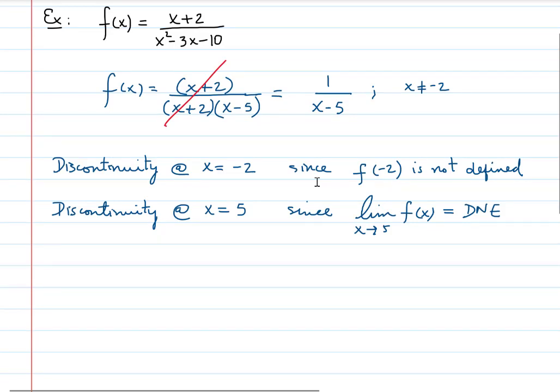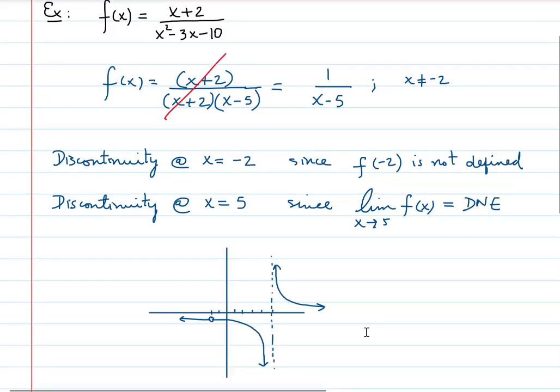Okay, so our second discontinuity is at x = 5. And we know it's a discontinuity because the limit of the function as x goes to 5 does not exist. So here we have roughly the sketch of the graph of this function. We have a vertical asymptote at 5, and then we have a hole at −2.